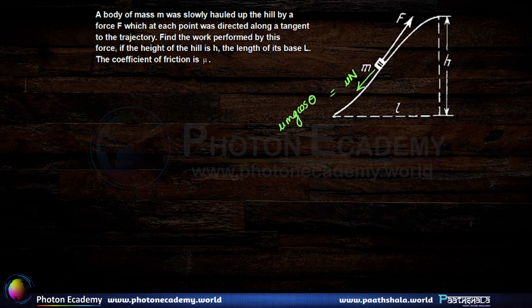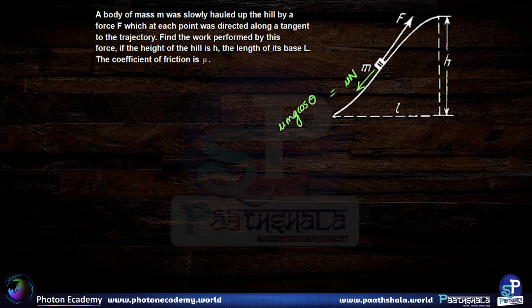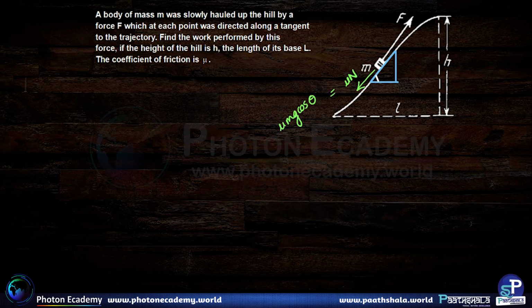So what we have to do in this particular question is construct an instantaneous triangle, if you will. So this is the instantaneous triangle that we need to construct, and this angle theta is varying, it's not constant.